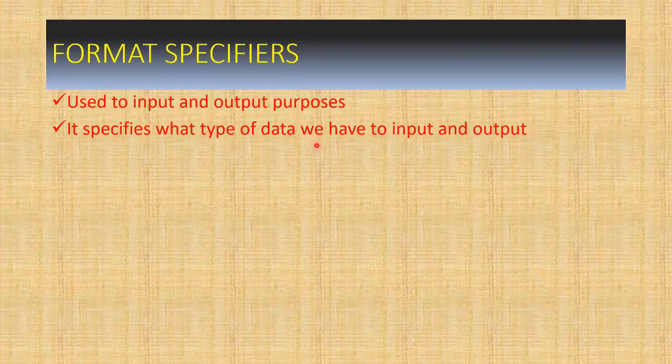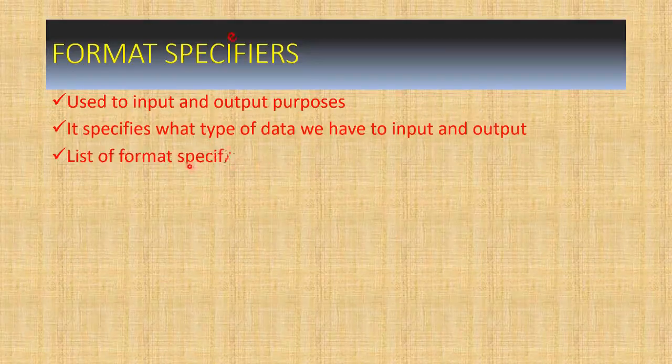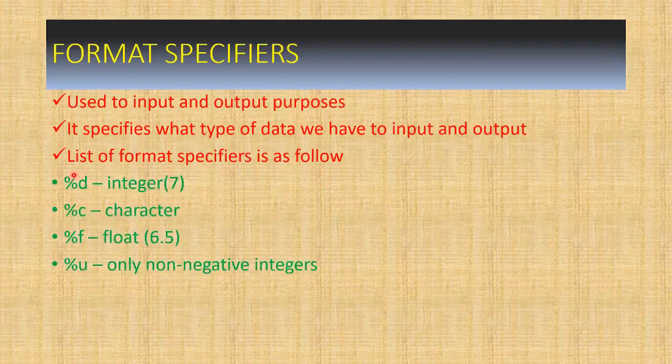You have to mention what type of data you want to take as input, whether it is an integer, a character or a floating value. And you also have to specify the output type, that is, what type of output you are going to print, whether it is an integer value, a character value and so on. Based on the format specifiers, you have to decide your output.